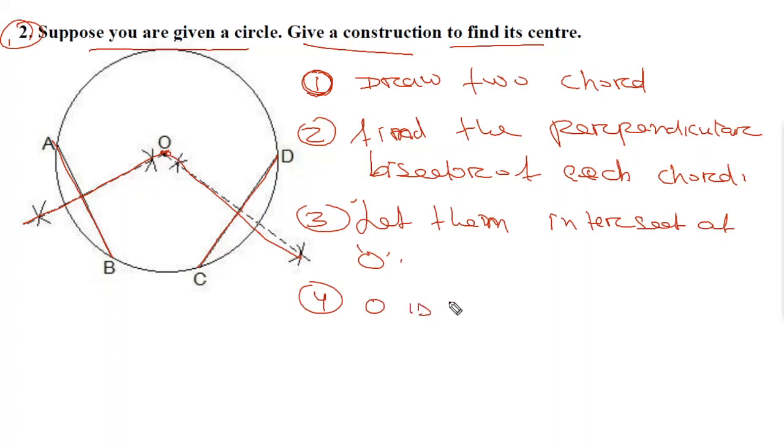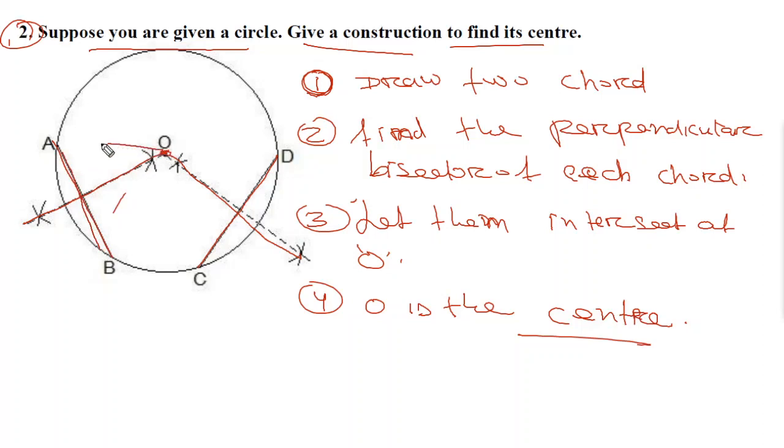So how can you say O is the center? As you can see, point O is lying on the perpendicular bisector of AB.